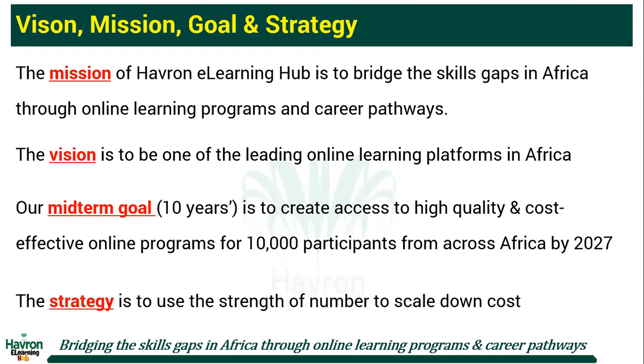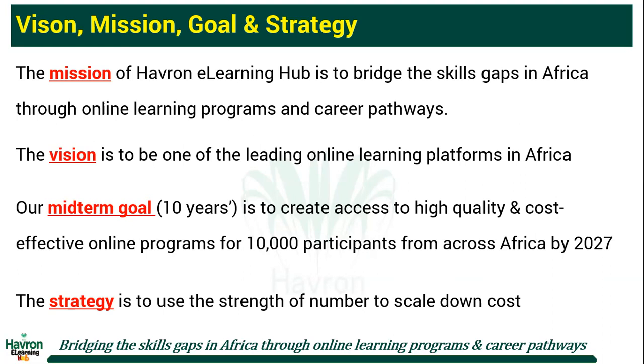Now, our strategy is to use our number. We have played this strategy on the card when we sit to discuss with organizations. And that strategy is to use our number. We have the number and we keep growing. So when we meet organizations, we say, see, we have this number, give us a discount. And then we'll give you the number of people you want to take your courses.